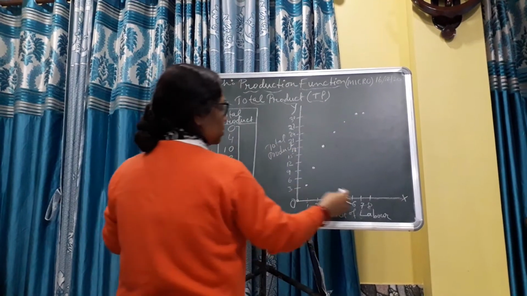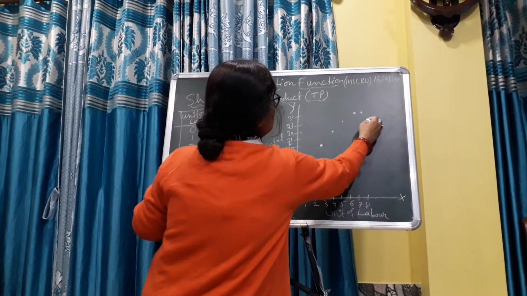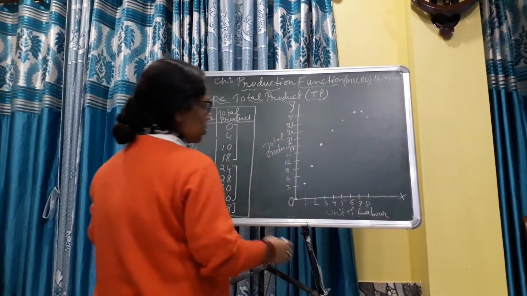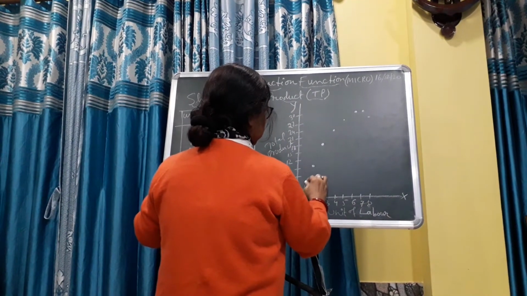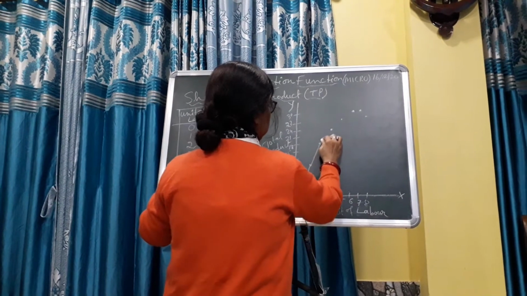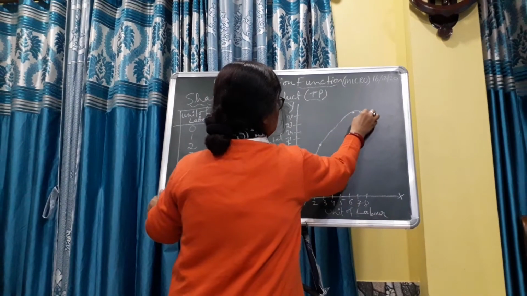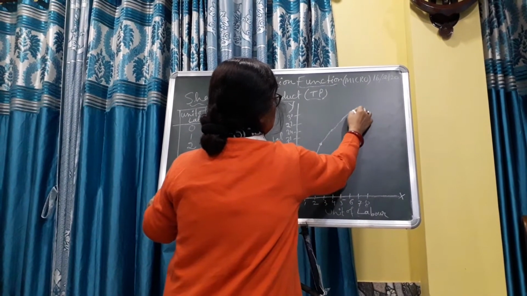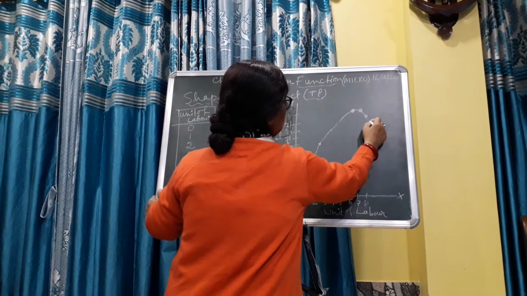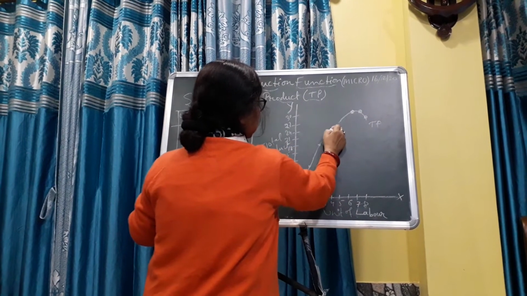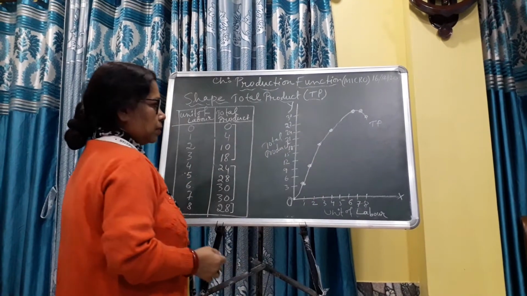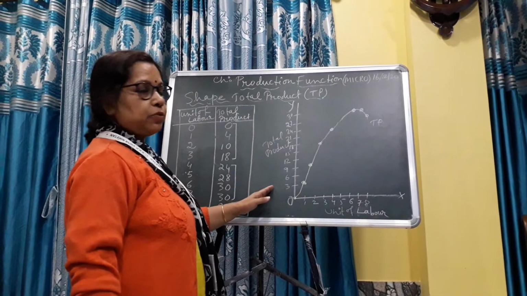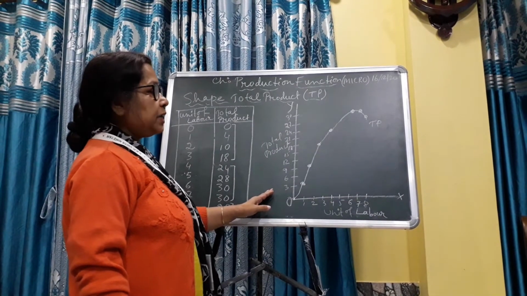And 8 labors, 28. So now at these points, we have seen the shape of the TP.